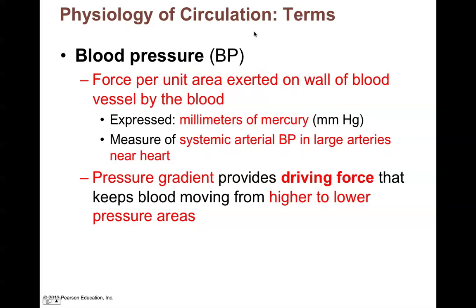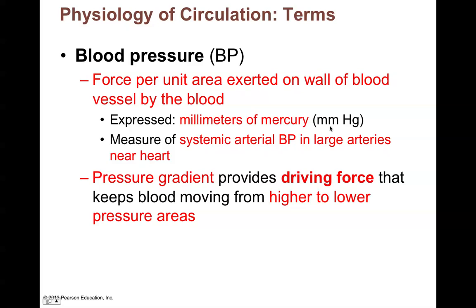Now, what is blood pressure? I'm sure you've heard the term blood pressure many times before. Typically, we abbreviate it BP. This is the force per unit area exerted on the wall of a blood vessel by the blood. It is expressed in millimeters of mercury, because of the sphygmomanometer, a pressure measuring device.